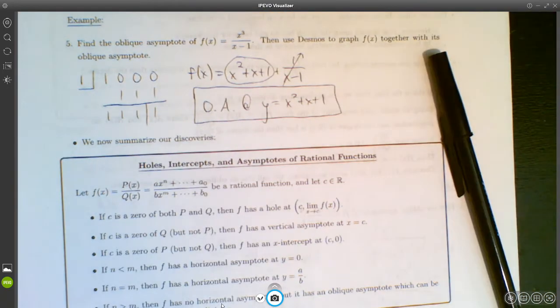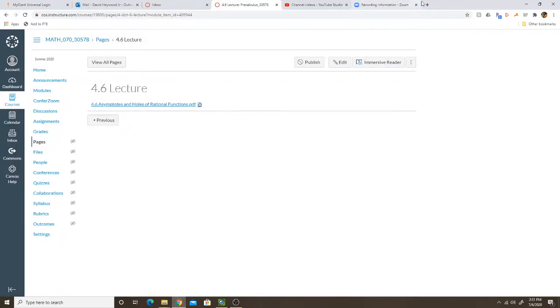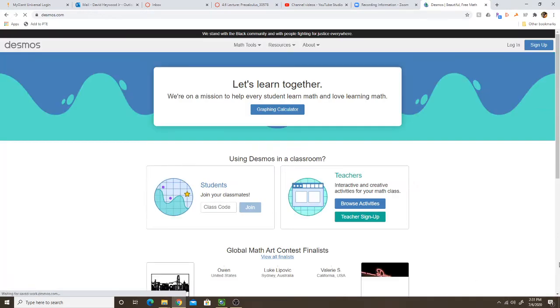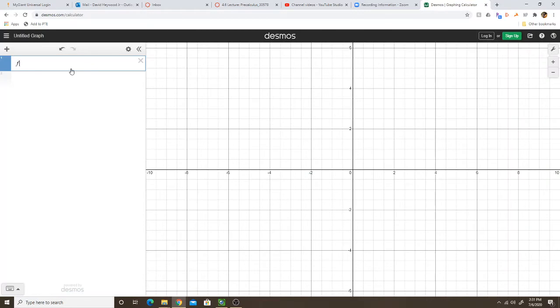Let's graph this now in Desmos so we can see what it looks like. Oh, I gotta open up Desmos. So first of all, let's graph the function f of x equals x cubed over x minus 1.